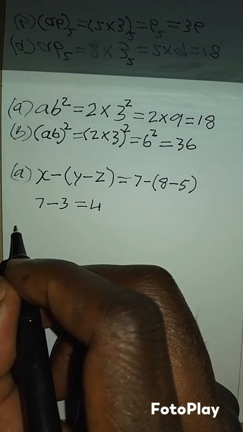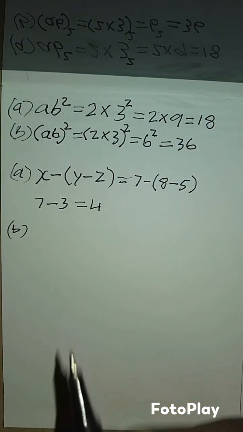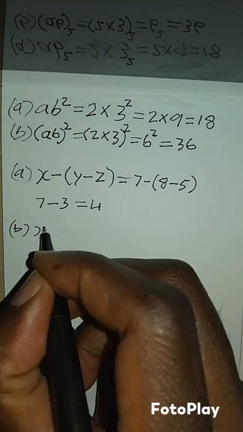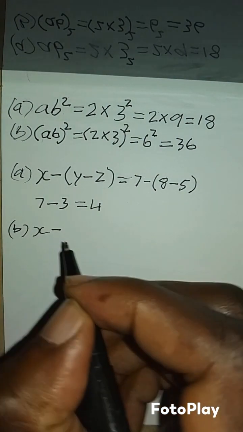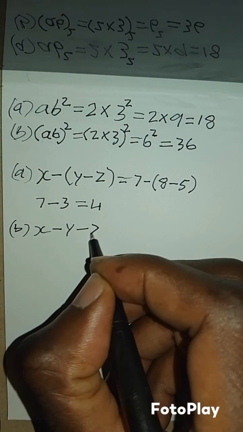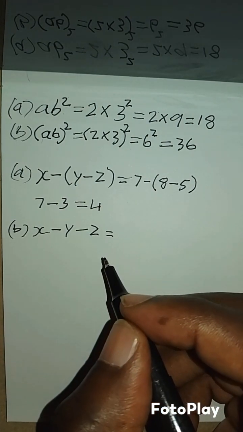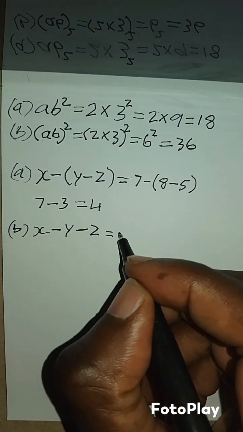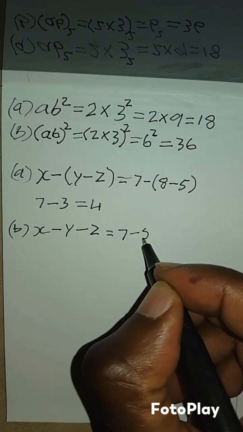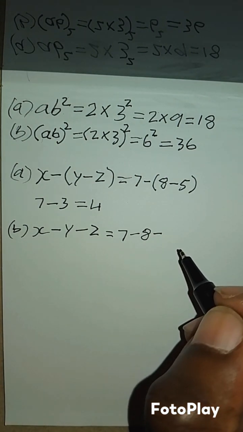Let's check example B. In example B, the equation was x minus y minus z. Again, we know that x was 7, y is 8, and z is 5.